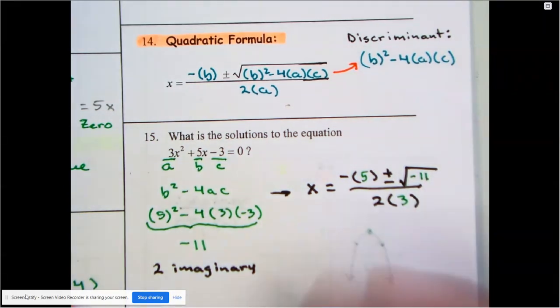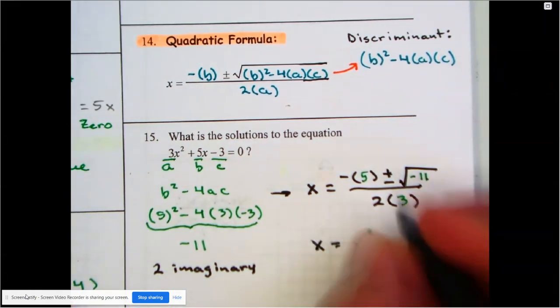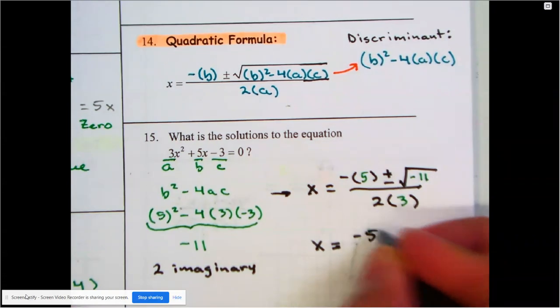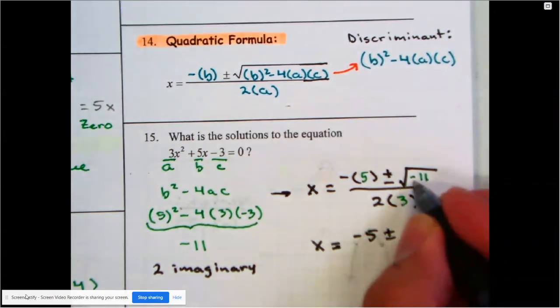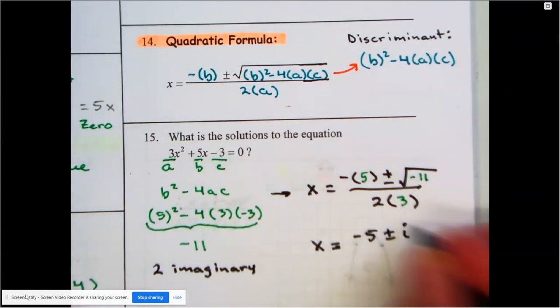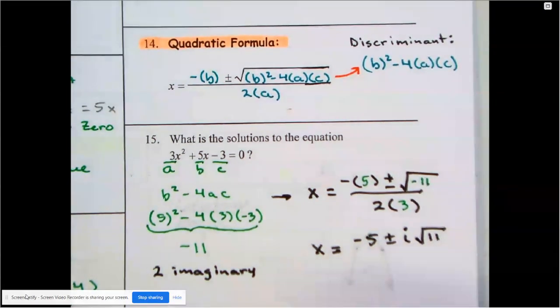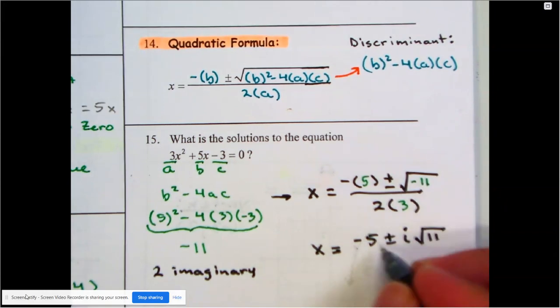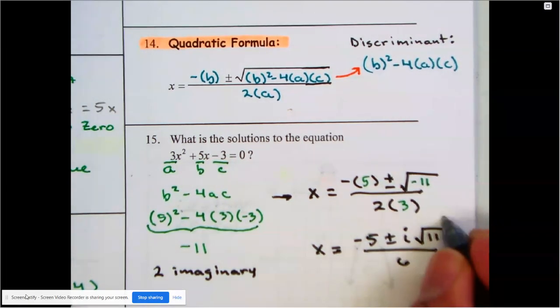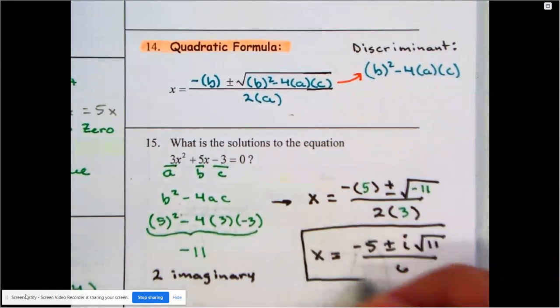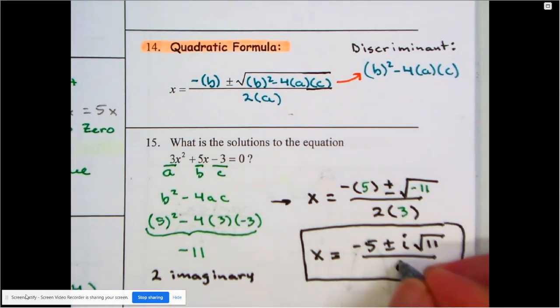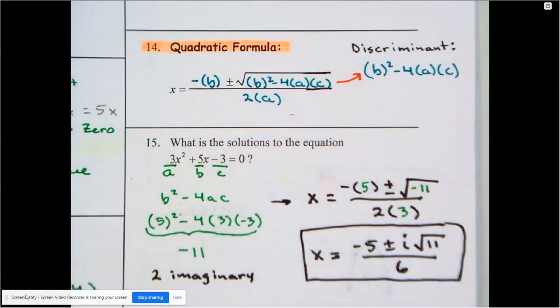So now I'm just going to do whatever I can. We end up with a negative 5 plus or minus. When you have a negative in here, though, it means there was an imaginary number, and I can't take the square root of 11, so I leave it alone. And then 2 times 3, there's the 6. And just like that, there's my 2 answers for this problem, my 2 imaginary answers to be exact.